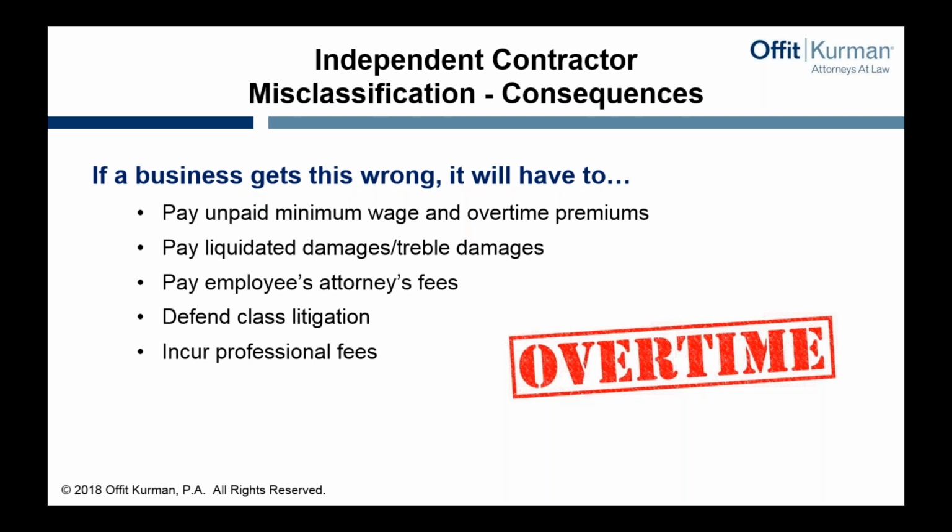You could have attorney's fees added to the mix, and you could have class litigation in addition to having to pay a lawyer to dig your way out of this. Even if you decide you want to get out right away, that's not necessarily all that easy to accomplish, and it's going to take a little bit of work to get there. Plus, you're still going to be paying the unpaid wages and some damages.